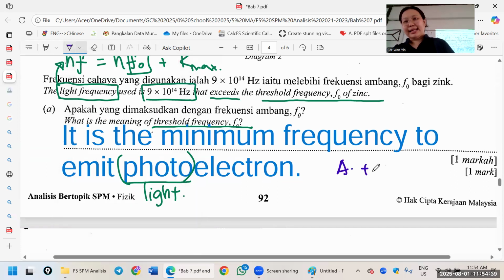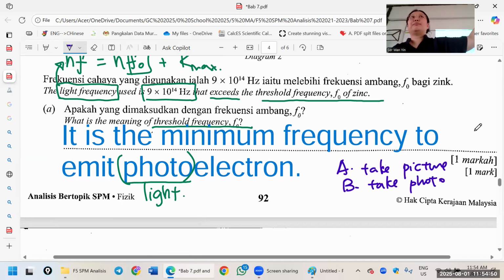A, B. Thank you very much. Photo means you take the light from you into the camera. Take the light from you to camera.